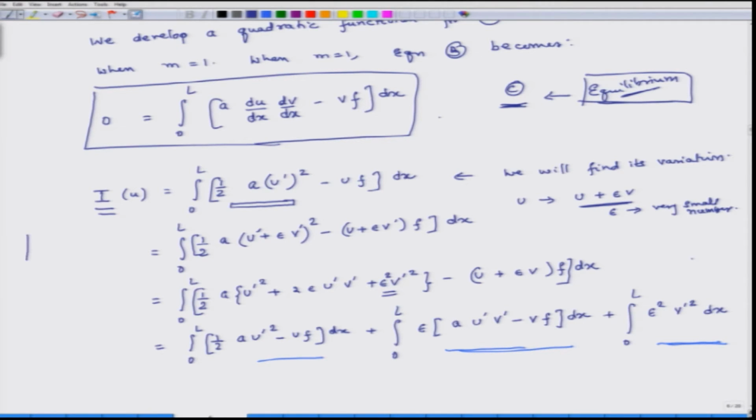When you have a stress strain graph, the area under the curve is strain energy. So, E times strain is stress, this thing.